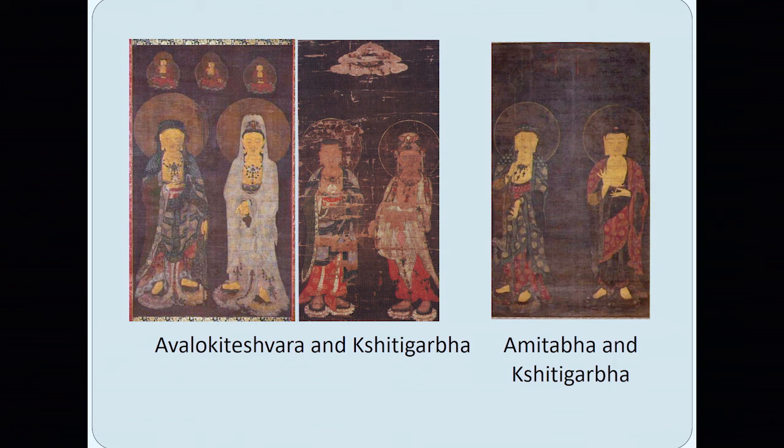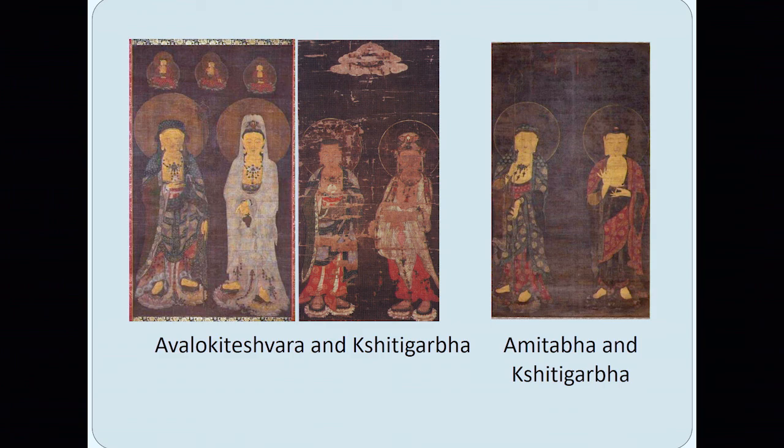The paintings of two bodhisattvas, Avalokiteshvara and Kshitigarbha, and the two examples on the left here, are associated with salvation in the present world and after death. The example on the right, showing Amitabha with Kshitigarbha, is the only example in the world that's at the Metropolitan Museum. It's a rare iconography and one that needs further study.